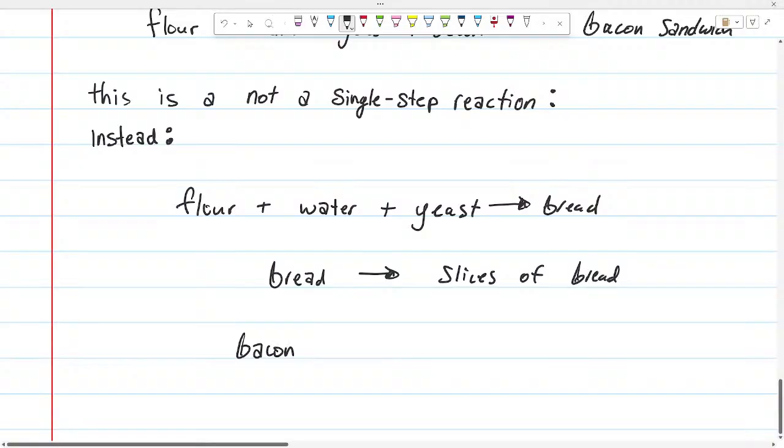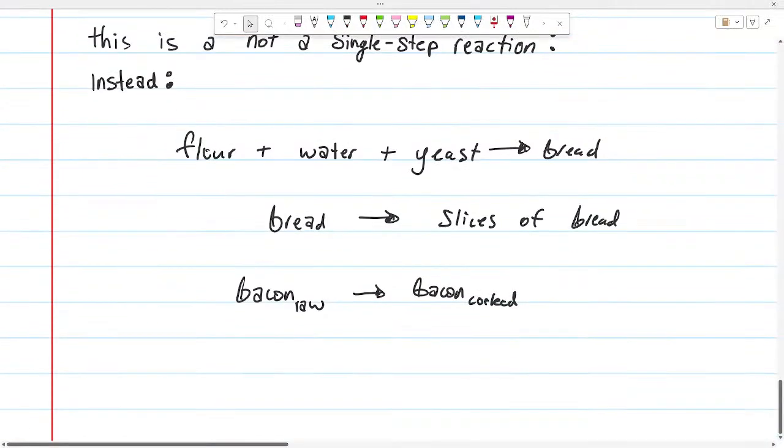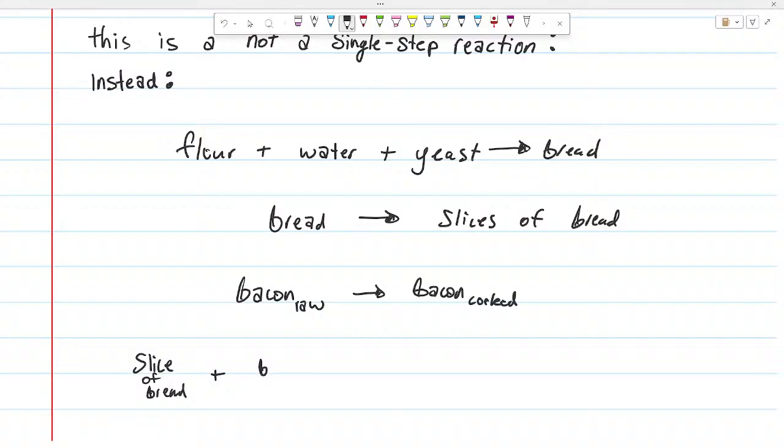Bacon raw can become bacon cooked, right? That's an important step. And then we can say slice of bread plus bacon cooked can give us our bacon sandwich. Does that make sense?